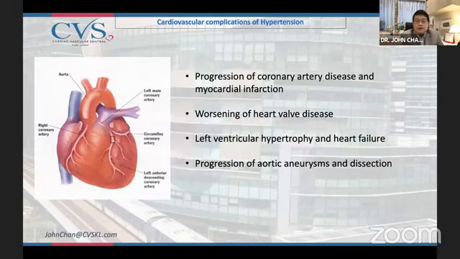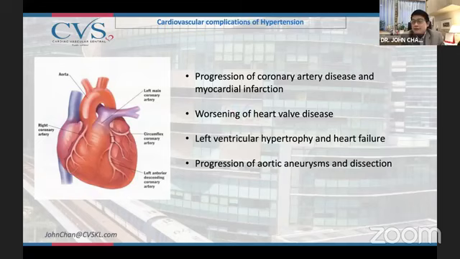Focusing on cardiovascular complications of hypertension, because as we know, hypertension can affect the cardiovascular system, it can affect the brain, it can affect the kidneys, but obviously we won't be able to cover everything in half an hour. So we will focus on the cardiovascular complications. Hypertension can cause a progression of coronary artery disease and myocardial infarctions.